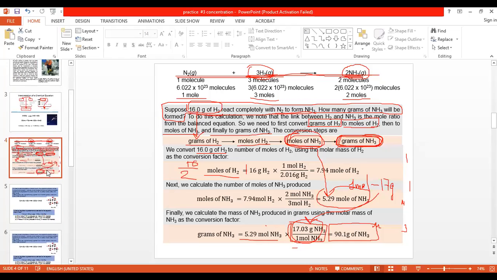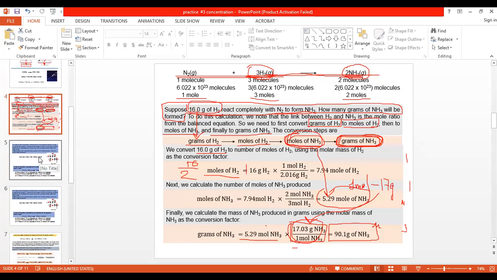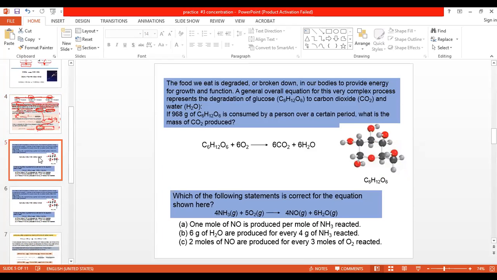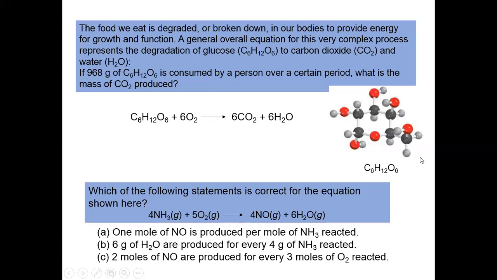All right, so let's continue with some more practical stuff. Let's look at this one. Please read the text written in blue. The food we eat is degraded or broken down in our bodies to provide energy for growth and function. A general overall equation for this very complex process represents the degradation of glucose.